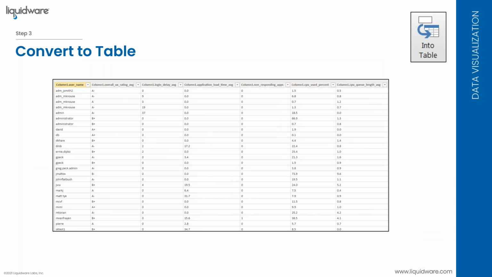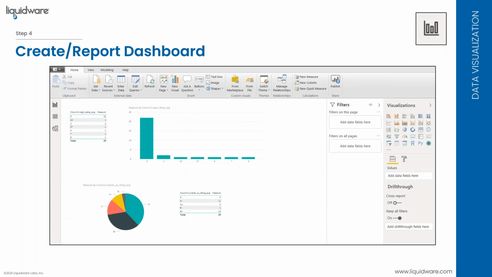At that point, inside Power BI desktop, it will convert that query into a table, and you actually have all the data from that query imported and copied into Power BI. Now you have a table, and from that table, you create your dashboard.